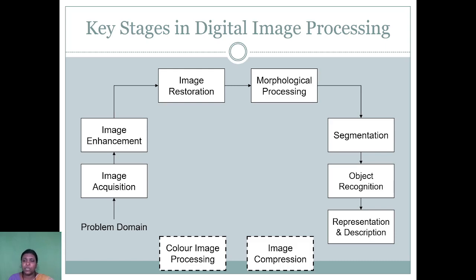And the next one is object recognition. What is object recognition? Object recognition is nothing but recognizing a particular object. For example, you can recognize high speed cars on the road, cars going above a speed of 80 kilometers, by using these visual image processing techniques.